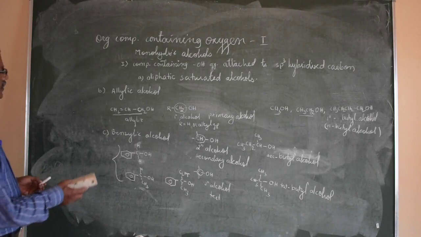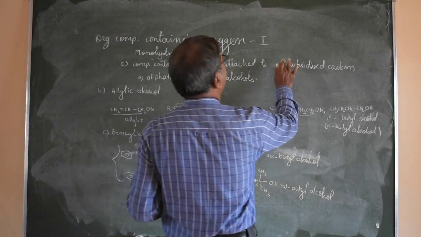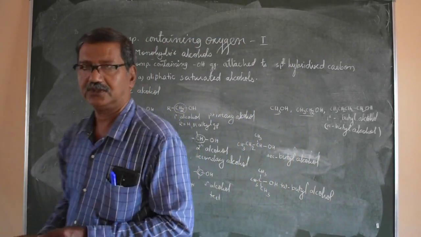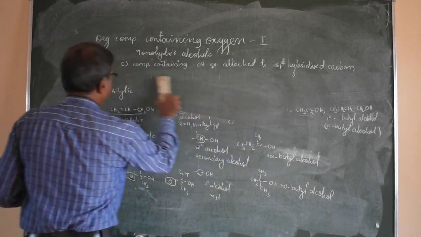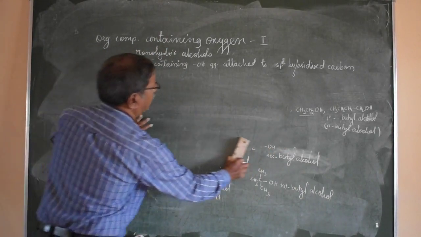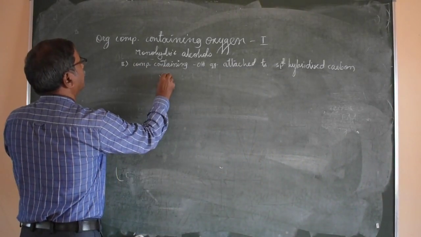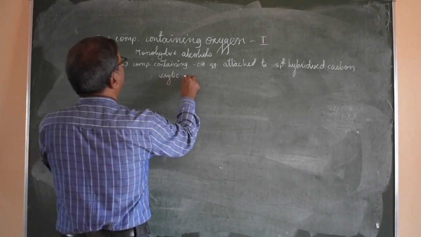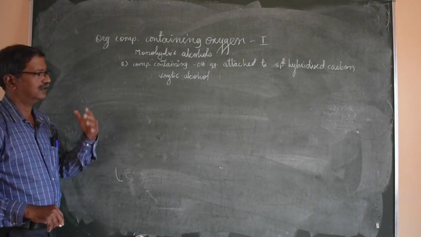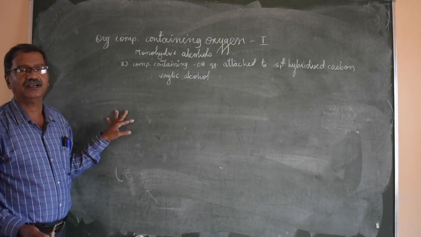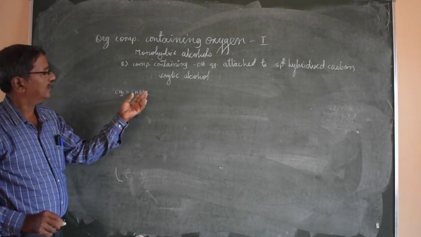Afterwards, in the second type, compounds containing OH group attached to sp2 hybridized carbon are called vinylic compounds or vinylic alcohol. A simple example for a vinylic compound, as you studied in haloalkanes, is CH2 double bond CHCl, called vinyl chloride.